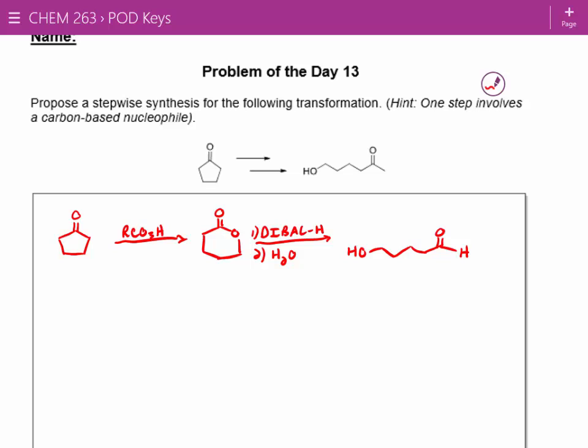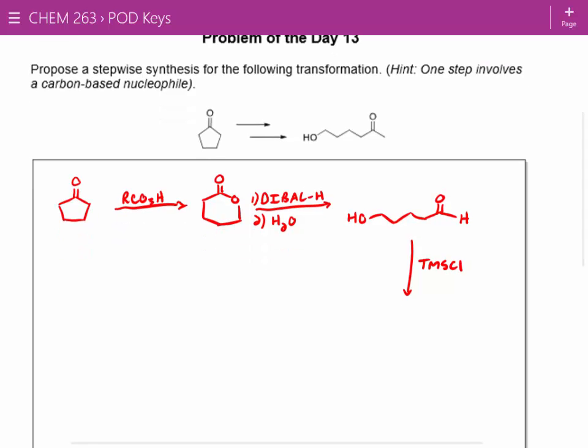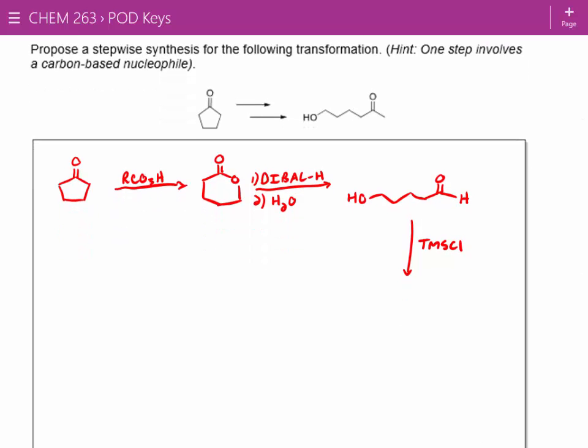All right, so the next thing I'm going to do is add in trimethylsilyl chloride. And why am I adding this on? It's a protecting group. So in this case, we need to protect that alcohol, especially if we're going to be doing a Grignard reaction.